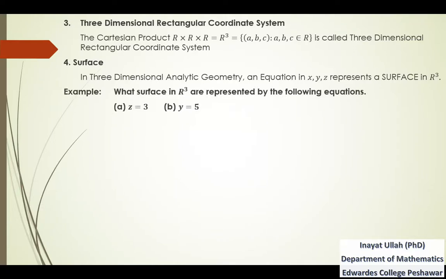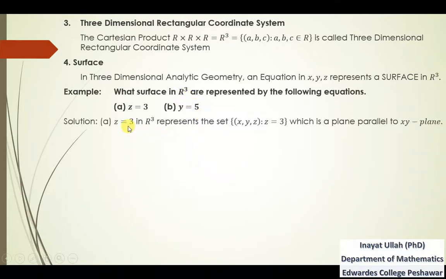Now here is an example: what surfaces in R cube are represented by the following equations? We are given R cube, a 3D space, and we are looking at what z is equal to 3 represents in R cube, and similarly what y is equal to 5 represents.